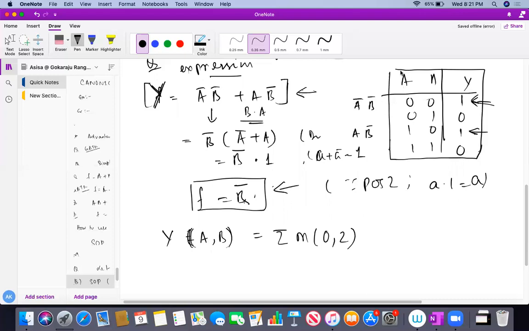If you take these things, decimal values 0, 1, 2, 3, when the output is 1, those values need to be written. So that is actually nothing else, M0 or M2. So Y of A comma B can be expressed in this way, and after simplification it will be expressed in this way.